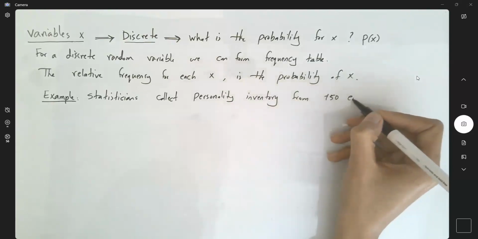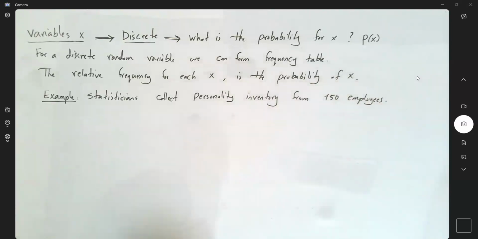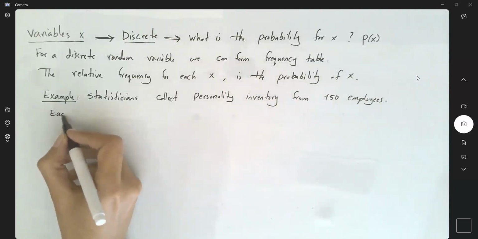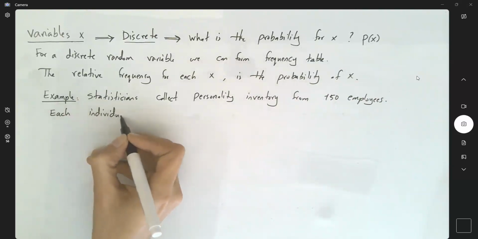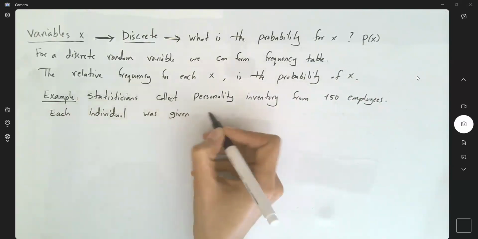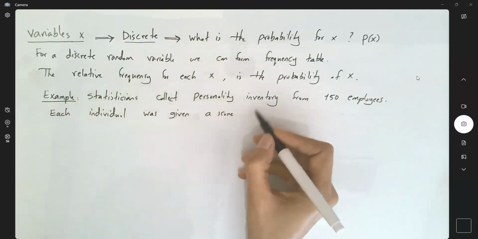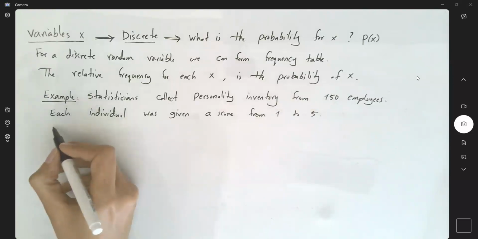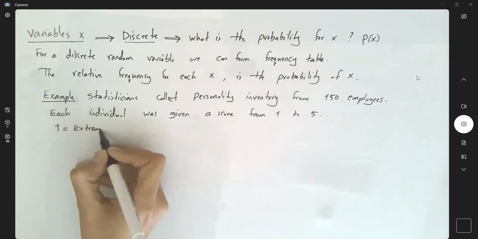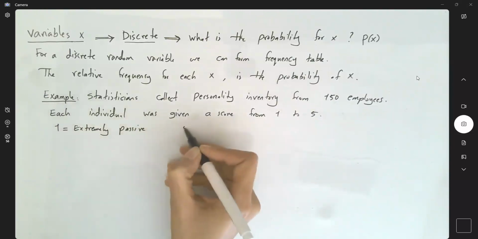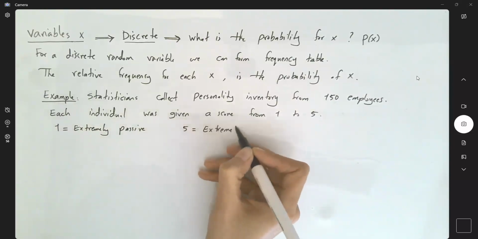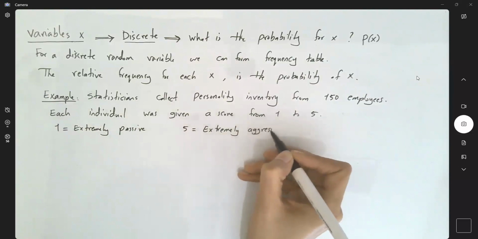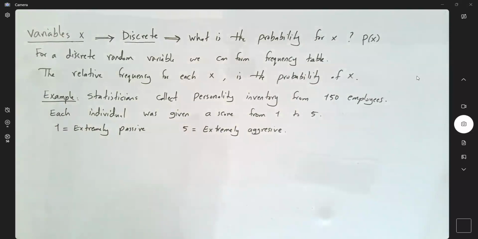Each individual was given a score between 1 to 5. 1 is extremely passive and 5 is extremely aggressive. This is the information that they have.